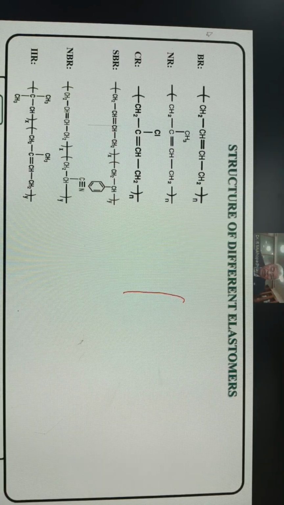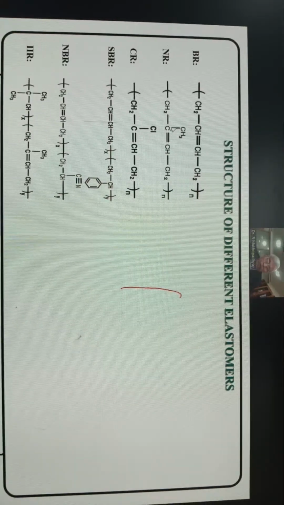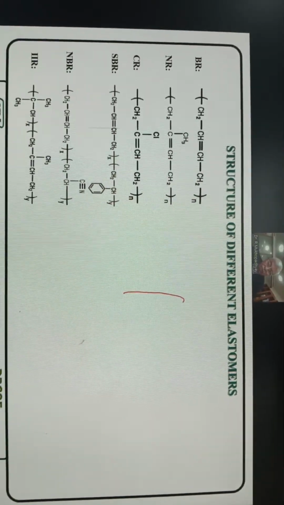Suppose natural rubber has a double bond every 5 carbon atoms, whereas in SBR you have 23% styrene, so the number of double bonds is less. For natural rubber, sulfur is 2.25 and accelerator, let us consider, 0.8.